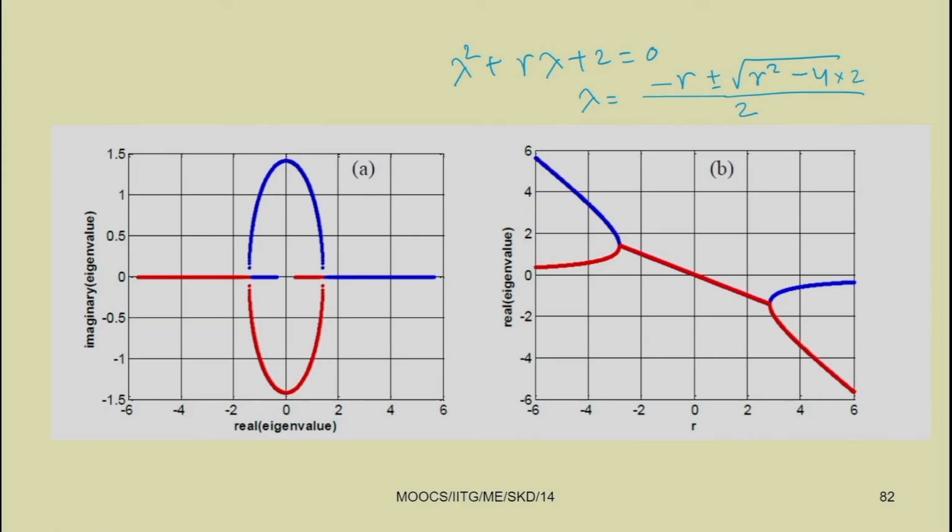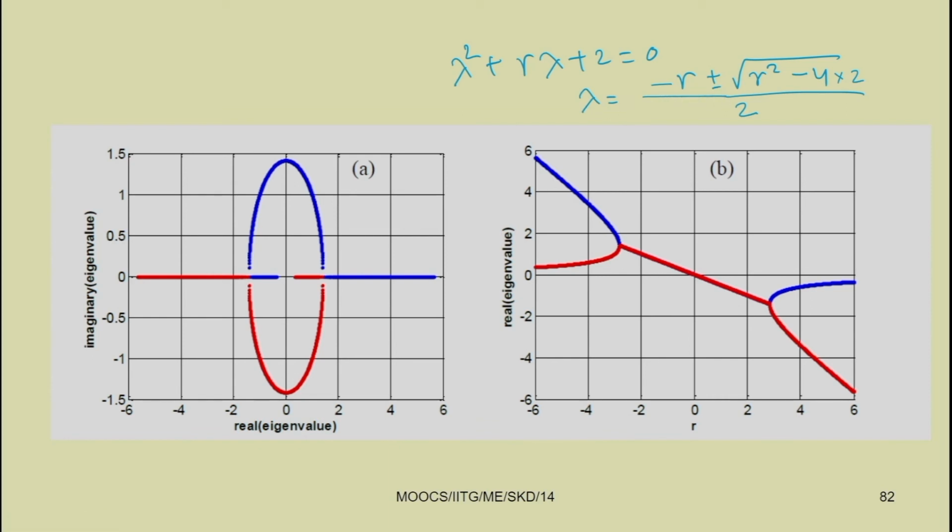Depending on the value of r, as we go on increasing r, we can find the eigenvalues. We have two eigenvalues, lambda 1 and lambda 2: the plus sign gives one value, and the minus sign gives the second value.